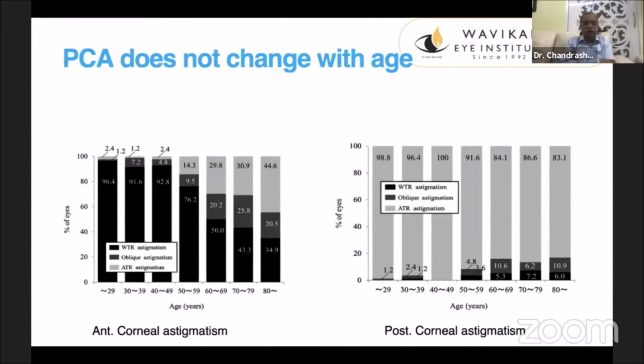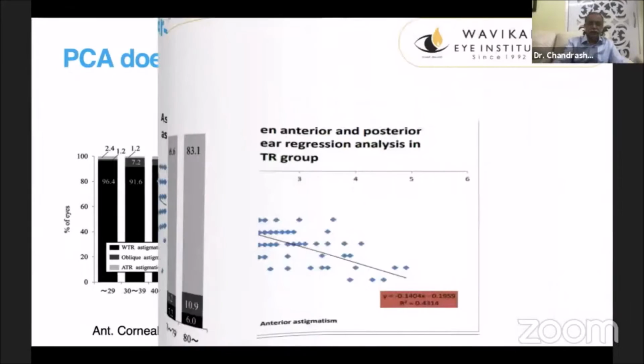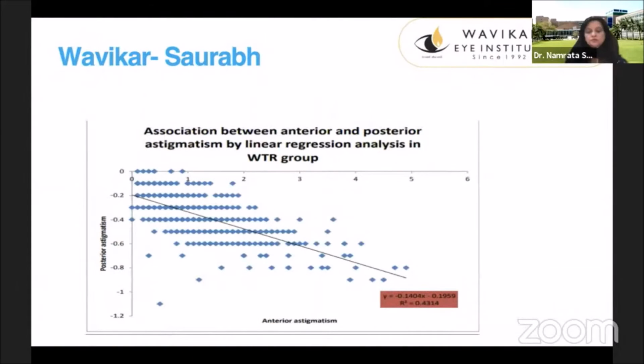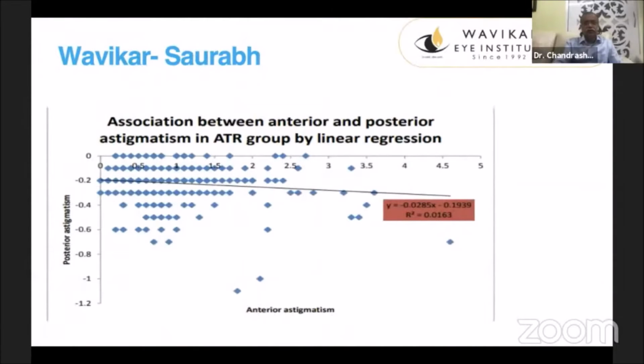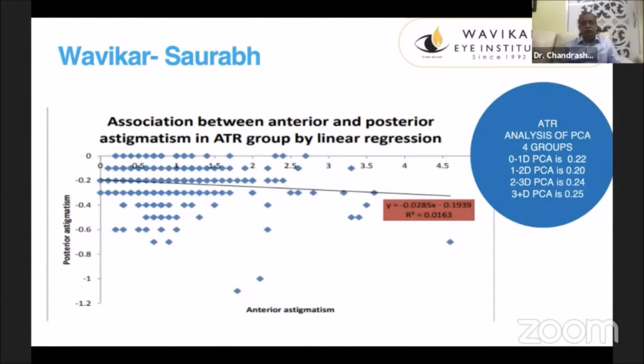It was also noted that unlike ACA, PCA does not change with age. Our own work showed that there is a direct correlation between the magnitude of the WTR anterior astigmatism and the posterior corneal astigmatism. But when it comes to ATR cases, the magnitude was only between 0.2 to 0.25.